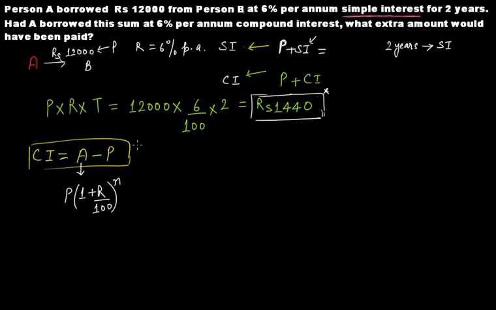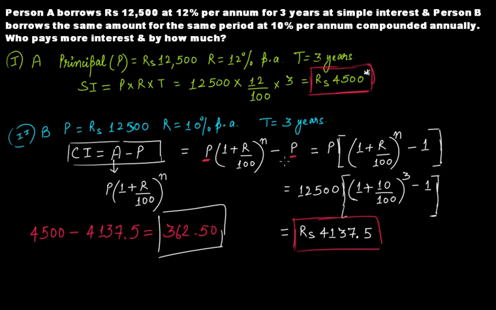In this case, n is equal to 2. So if we put this formula in place of A, you'll get P times 1 plus R by 100 raised to the power of n, minus P, right?